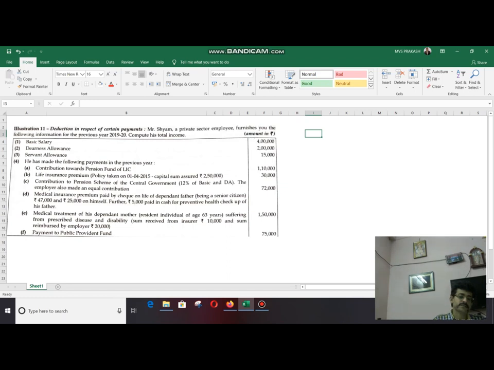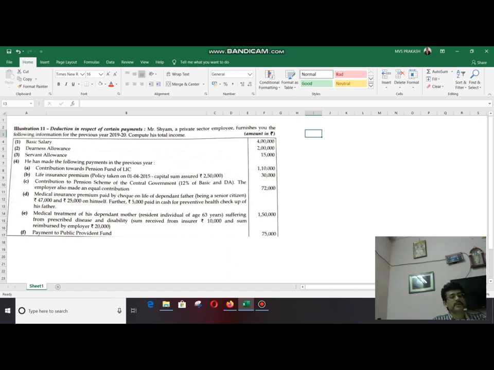Now, let us continue. Medical treatment of his dependent mother, a resident individual suffering from prescribed disease and disability. Both the things are there, so now you should apply both. Specified disease his mother is having, and his mother is also having some disability. Now, as the problem does not specify clearly about the disability, I don't know if it's partial or severe, because the amount of deduction differs.